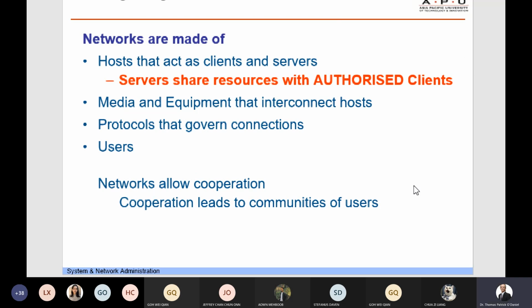Hosts that act as clients and servers. Host is a kind of generic name in the literature, and so you can think of it as you like. Some people call them systems. We say host because it identifies individual machines. Servers share resources with authorized clients. That's what our subnetting system is about.